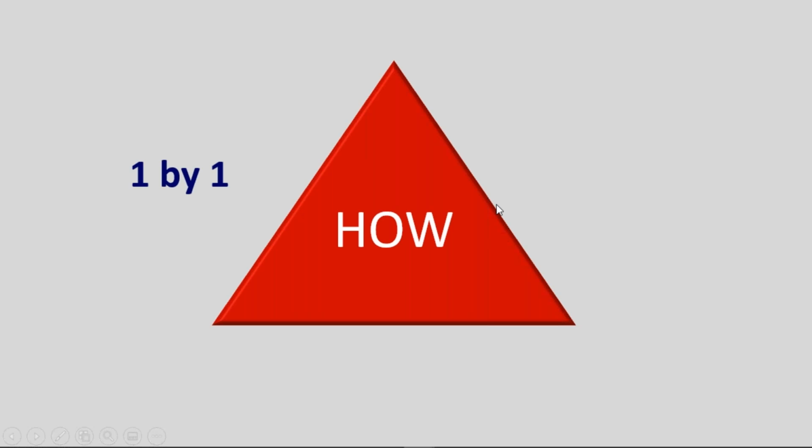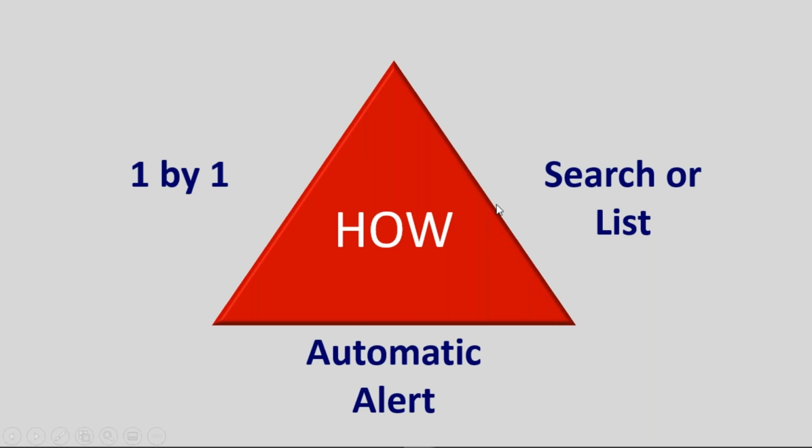That's where we're going to be looking at chart after chart after chart. I'm going to go through it here in a moment. Then there's using a scan, a search that filters through all of the stocks, all the potential candidates, and narrows down that list. And then there's automatic alerts, where you set up a system to have it tell you when a stock meets the criteria that you're looking for.